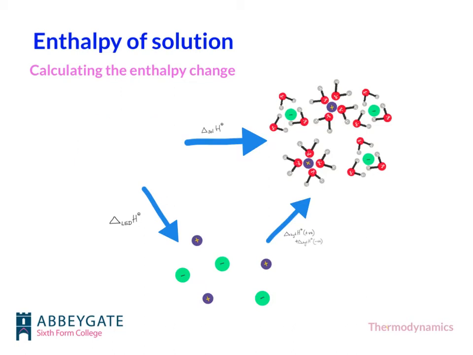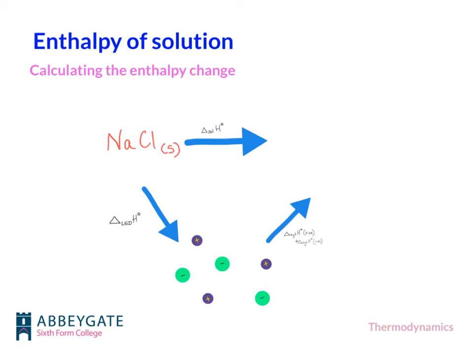Now if I take out the diagrams and replace them with actual substances, we'll stick with NaCl because it's probably the easiest one to think about to begin with. So we're going to start off with 1 mole of sodium chloride solid. And we want to work out the enthalpy change for turning that into 1 decimeter cubed of a 1 molar solution of sodium chloride.